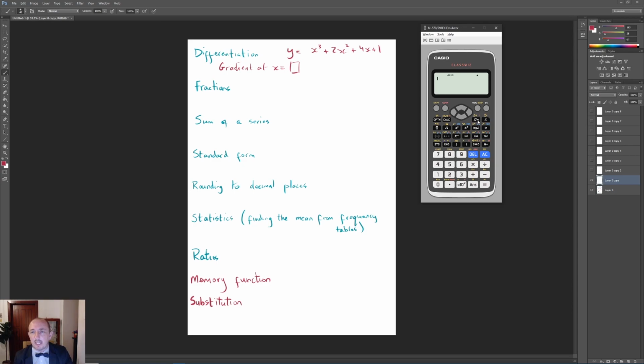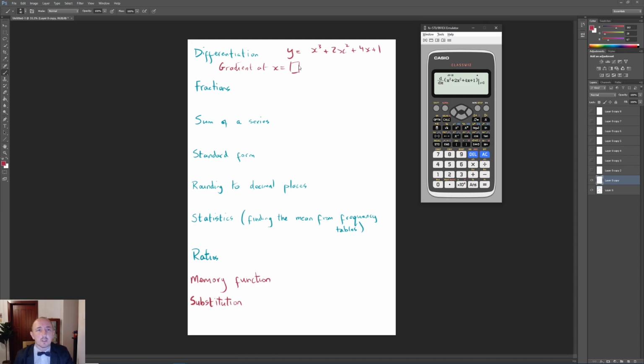There's a d by dx button towards the top right when we press shift, and there's a curly s, and it's got a d by dx. What we're going to type in here is the function x cubed plus 2x squared plus 4x plus 1.